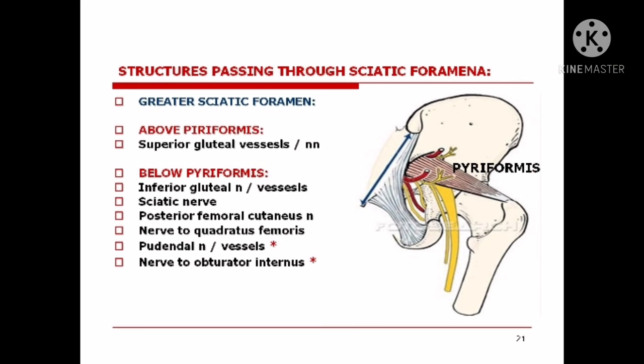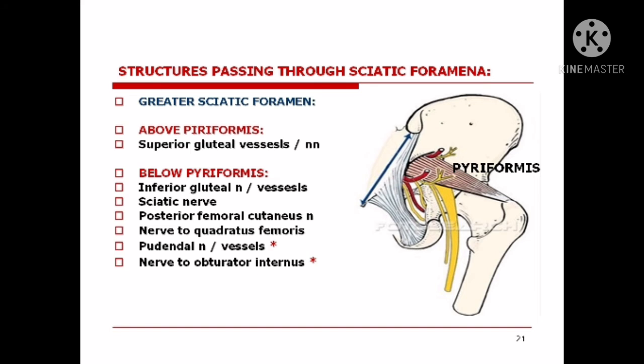Now, after having an understanding of the sciatic foramina, let us know something about the structures that pass through the lesser and the greater sciatic foramen. First of all, we take the greater sciatic foramen. If you recall the study of your lateral rotators, you will find there the piriformis muscle. It was passing through the greater sciatic foramen.